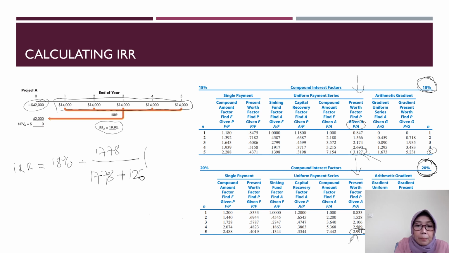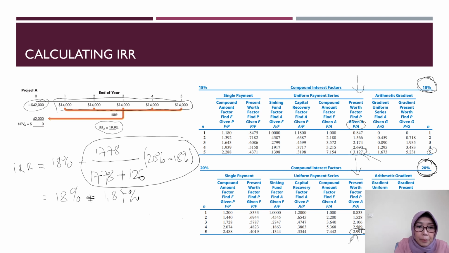And then we multiply this with 20% minus 18%. By calculating this, the result is 1.87%, and this is plus.